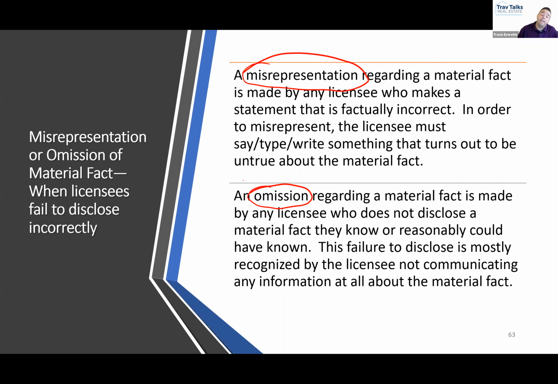So let's say that I'm holding an open house at one of my listings and it's busy. I mean, there's 50 people in here all over the place looking at the property, people asking me questions left, right, and center. And a buyer runs up to me and goes, "How many square feet is this thing?" And I tell them it's 2840 when it's really 2480.